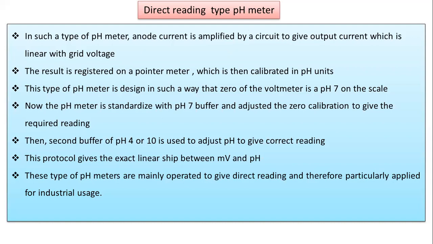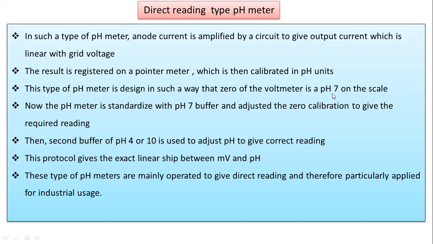The result is registered on a pointer meter, which is then calibrated in pH units. This type of pH meter is designed in such a way that the zero of the voltmeter is at pH 7.